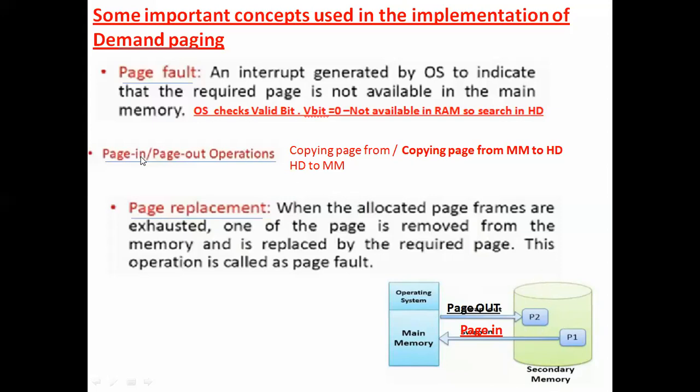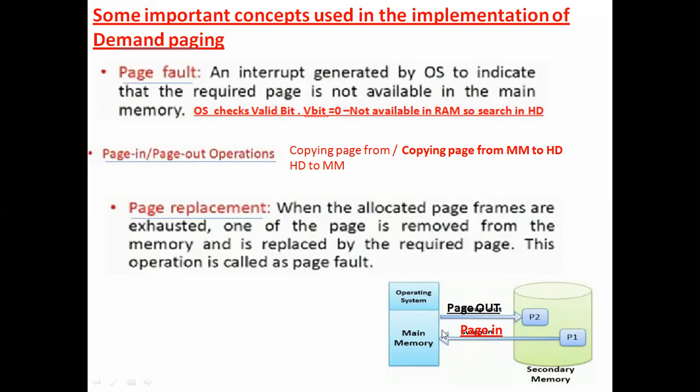So with respect to the page in operation, what we are doing is bringing the process from hard disk to the main memory, and that we call the page in operation. And page out operation means simply copying a process which is present in main memory to the hard disk. So you can easily understand by imagining this figure, and the directions are also indicated, so you can keep this as the reference point.